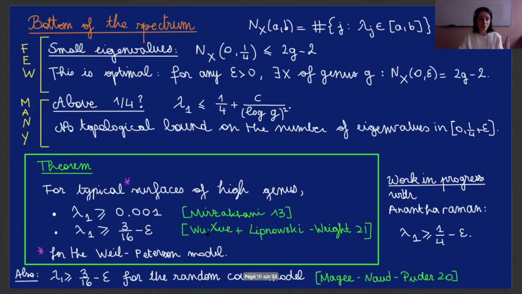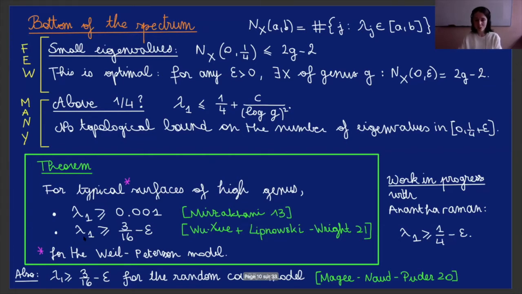However, the first step towards proving that this is not typical was achieved by Mirzakhani using the Cheeger inequality. And she proved that lambda1 can be bounded below by something very small, but still something which is a constant. So that's still going to be true only for typical surfaces, most of the surfaces.